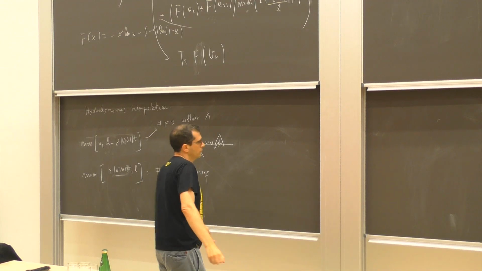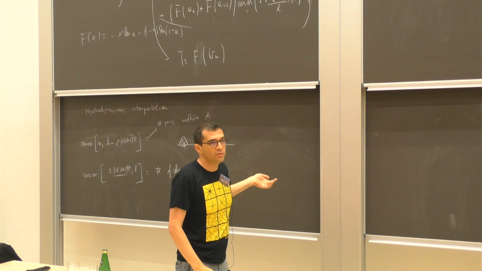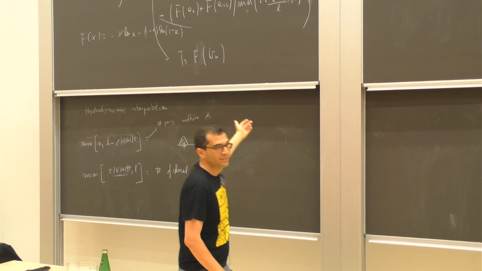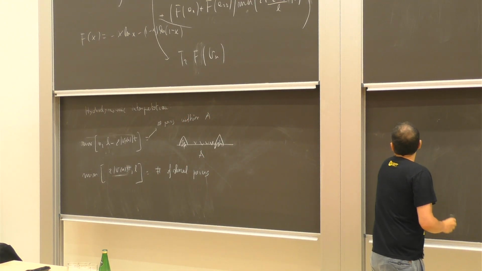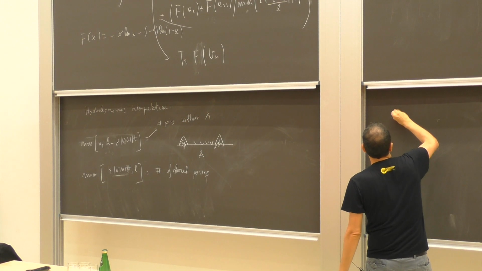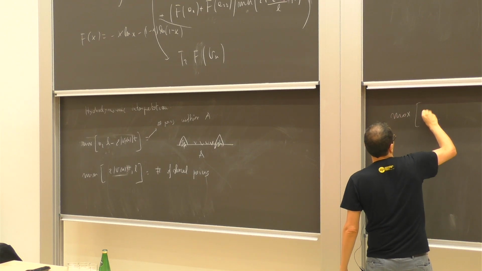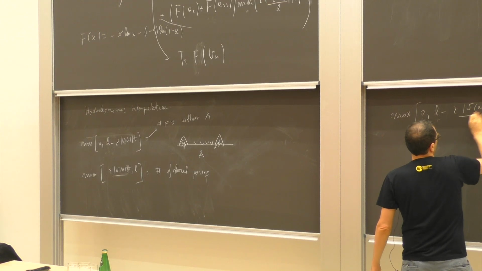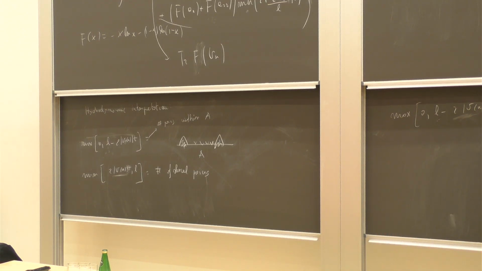Now, what are these contributions? This formula has a simple structure. So the contribution to the max is the trace of f of gk. I call it slash. I could have said 0.